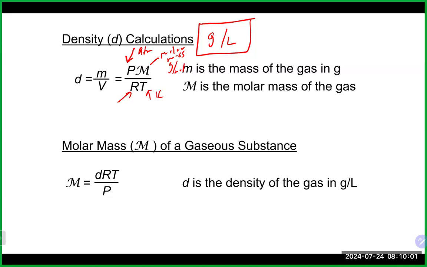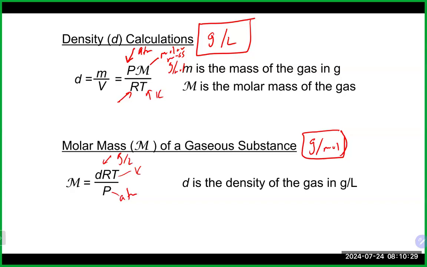If you don't want to remember this equation, or even the bottom equation here, let's take a look at that one first. Molar mass of a substance is in grams per mole, and that's equal to the density in grams per liter times R, the gas constant, times temperature, divided by our pressure in atmospheres.